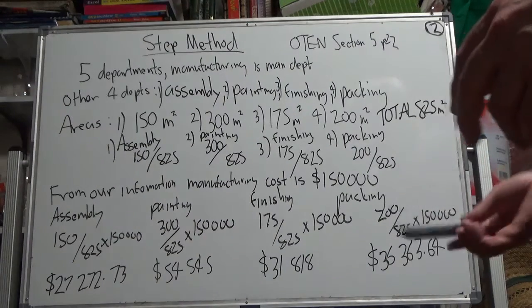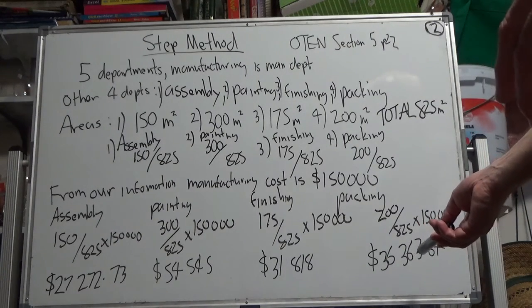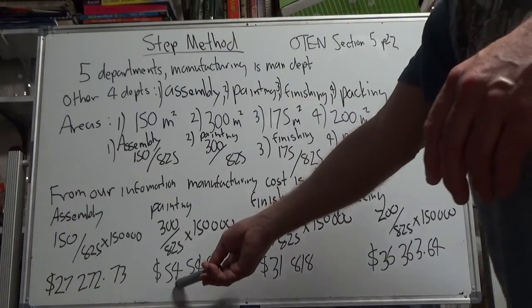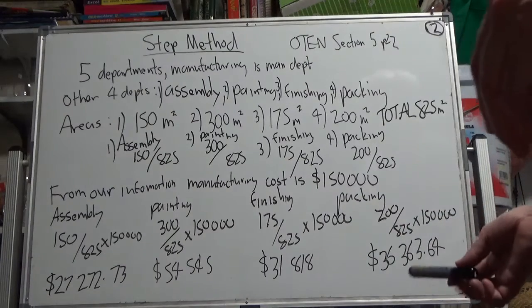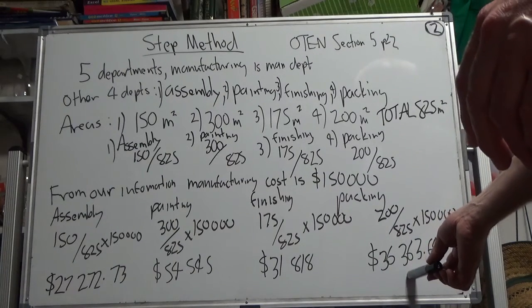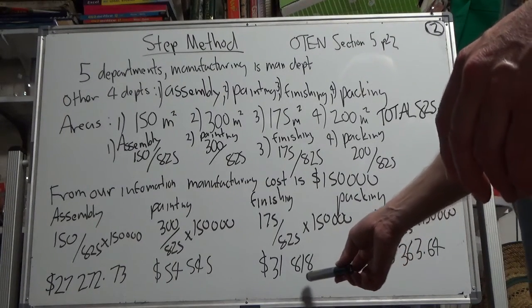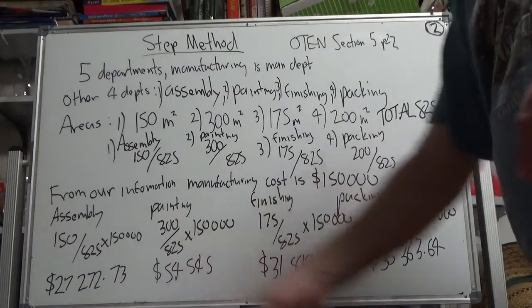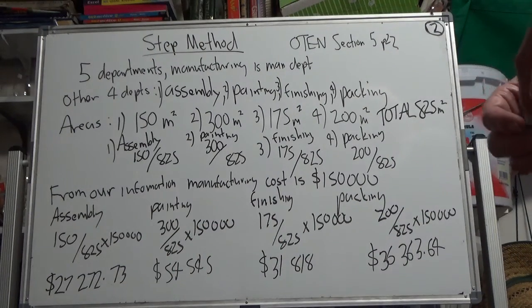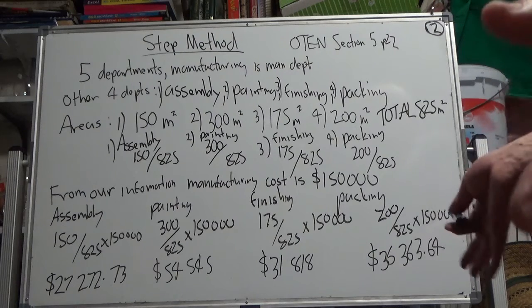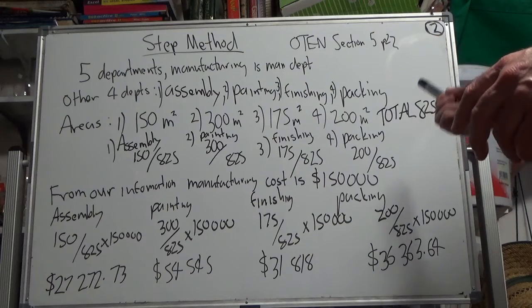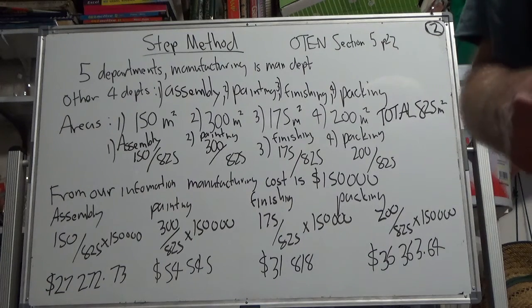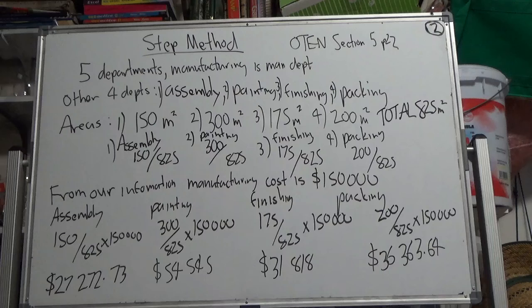So you get an idea how these departments contribute. So we can see that painting contributes to manufacturing the most. Next in line is the packing department, and then finishing is the next one along. And I said assembly was the lowest contribution. That may or may not be the case in a real example, but I'm just focusing on the methodology, so you know exactly how to use the step method.